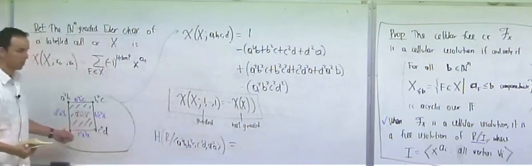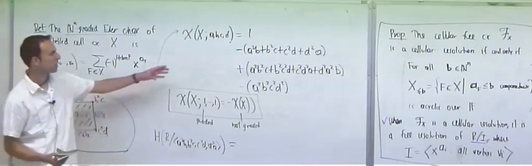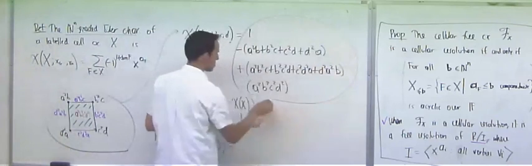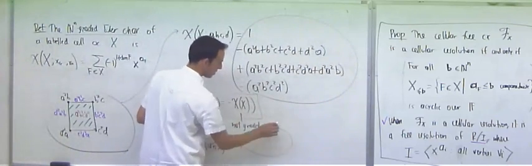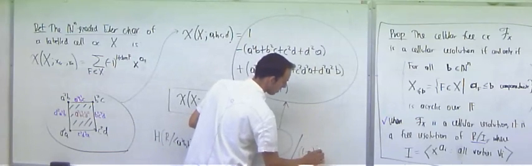Well, given that we managed to draw this picture, we can just read everything off the picture. You just take this thing, so you put it in here, and you divide it by 1 minus a, 1 minus b, 1 minus c, 1 minus d.